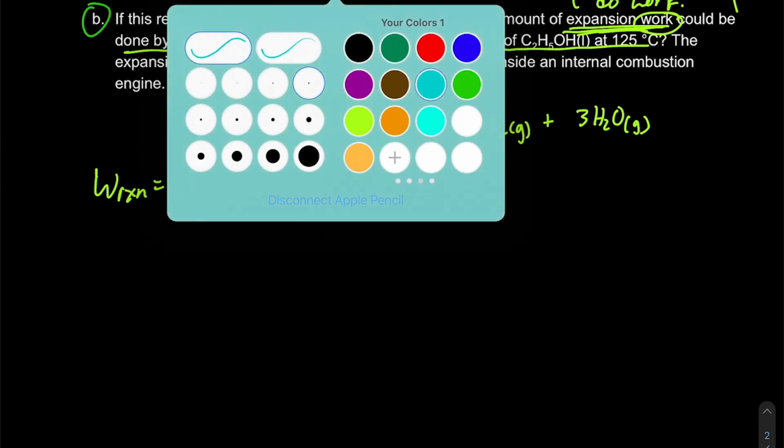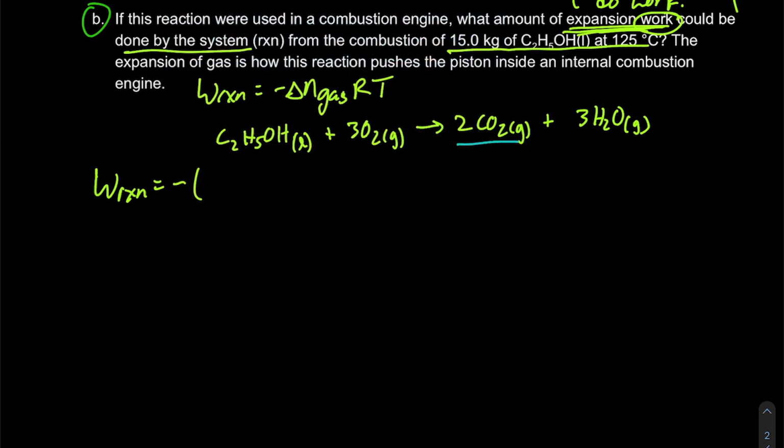So we have 2 moles and another 3, so 5 moles of gas particles as our product, the final. And we have 0, this is a liquid, plus another 3, so we would minus 3 moles of gas particles for our reactants. So that tells us something about the change in moles of gas. We notice it's going from a smaller to a larger amount, so the volume is going to expand.